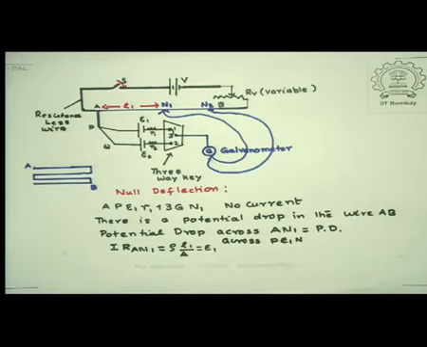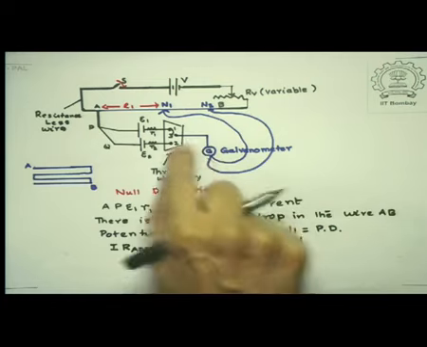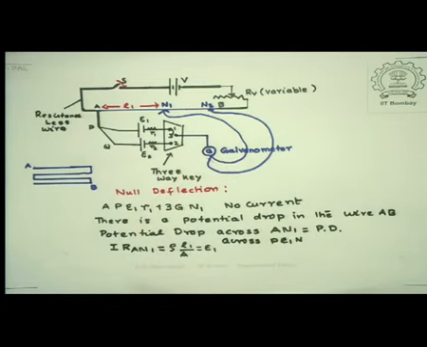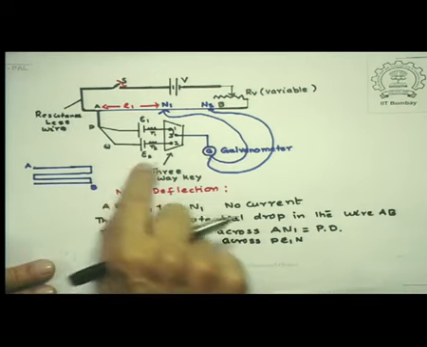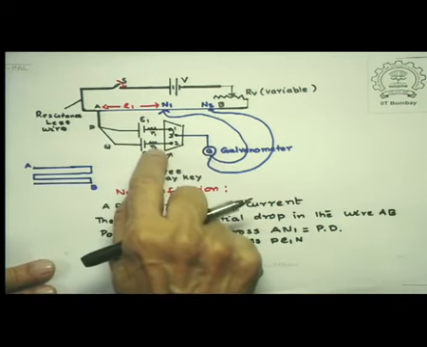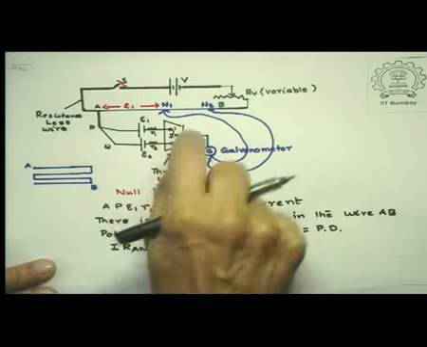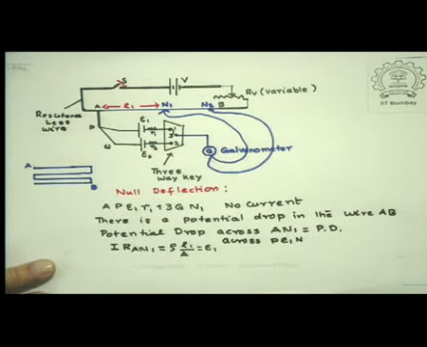Now I could repeat the same thing for when the EMF source E2 is connected, namely instead of 1, 3 being connected, if I connected 2, 3.